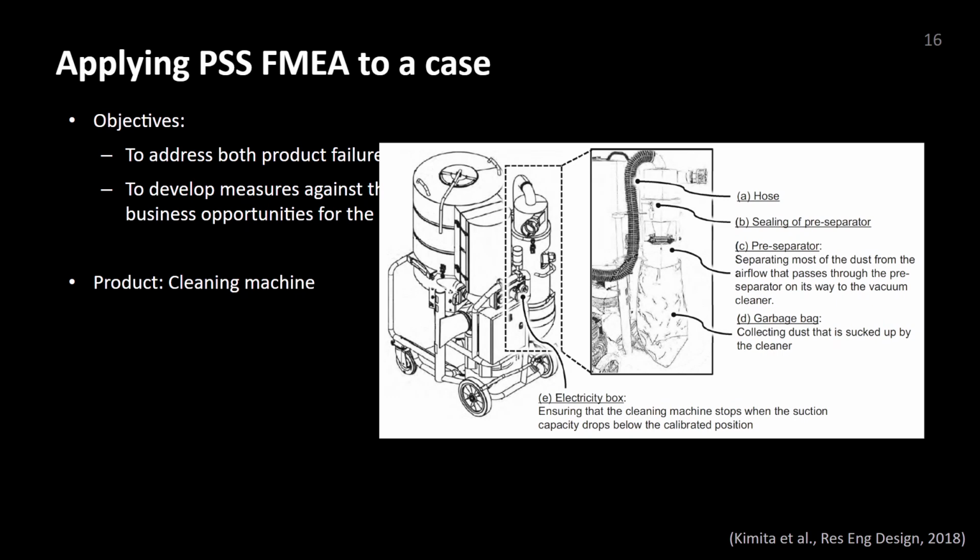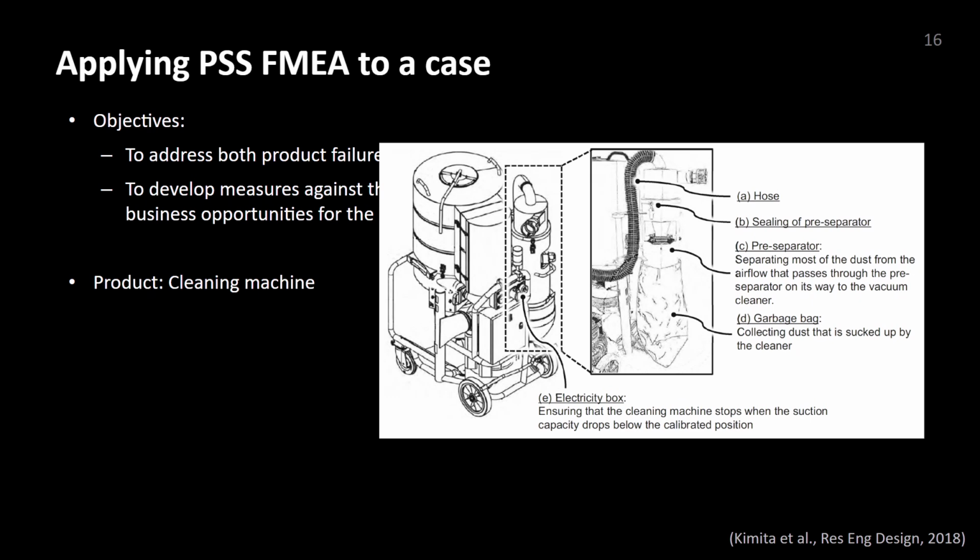Okay, good. So this application of a specific case is also described in this scientific paper, but the product used in this case is a cleaning machine used for floors, right? And the objectives of using PSS and FMEA in this case were twofold. Number 1, to address both product failures and service failures.